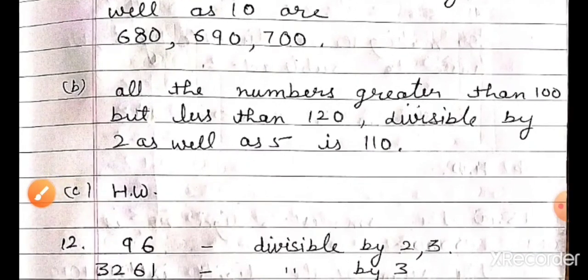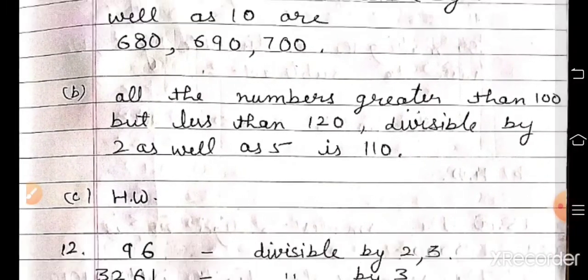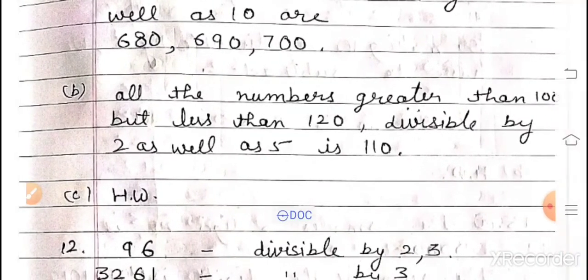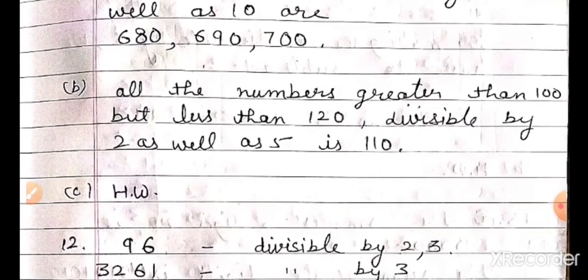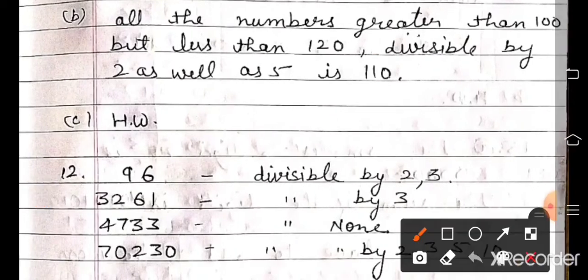Now the B part is, write all the numbers greater than 100 but less than 120 which are divisible by 2 as well as 5. Okay, so the number divisible by 2 as well as 5 is 110. Okay. Now the C part is your homework.